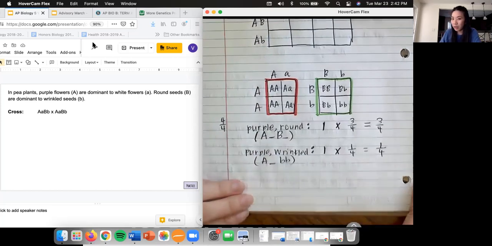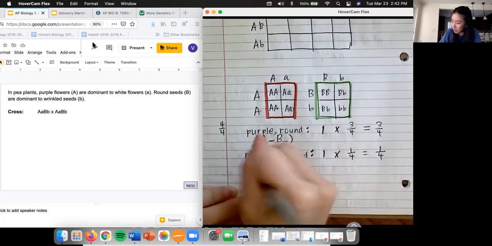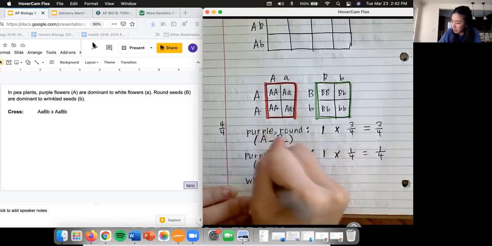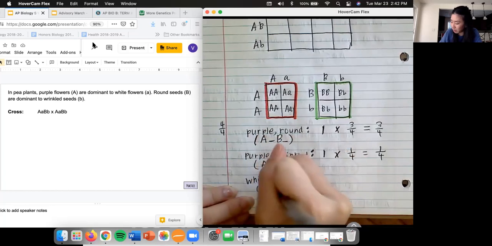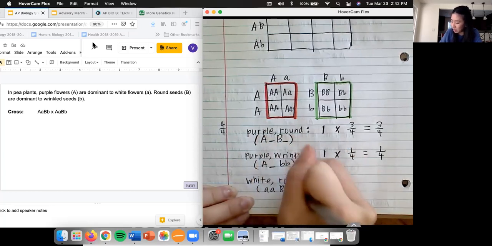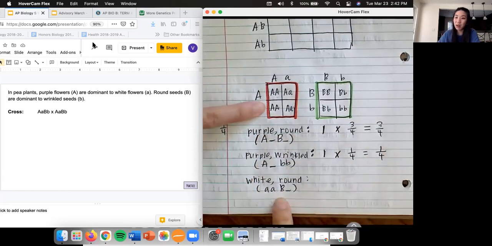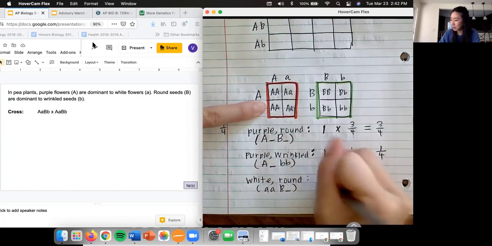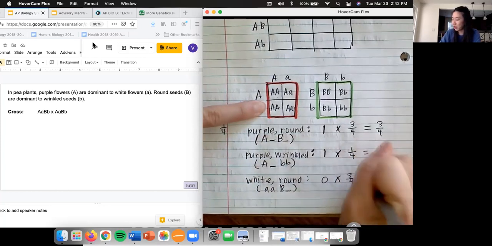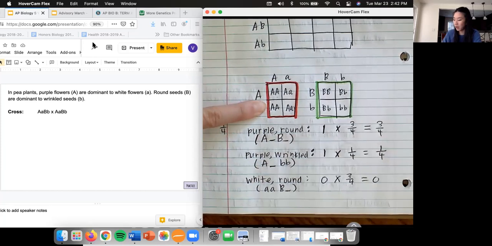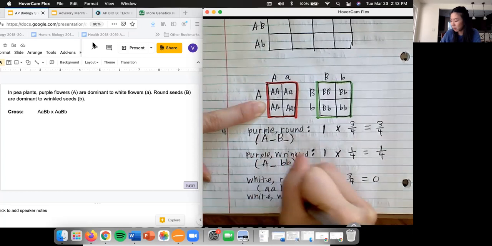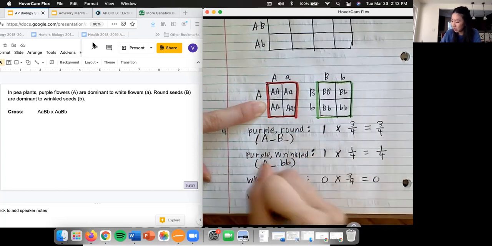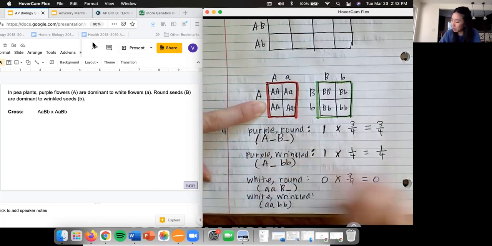If I continue on, white and round would be little a, big B dash. None of these are white, so it's 0. 0 times 3/4 equals 0. And then the last one would be white, wrinkled, little a, little b.